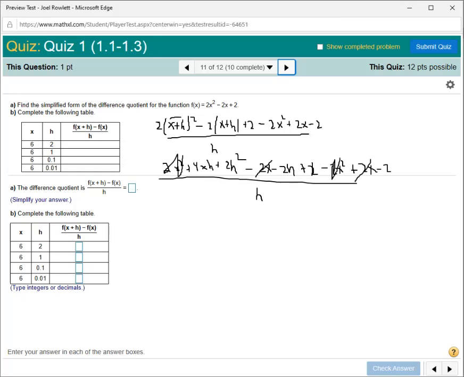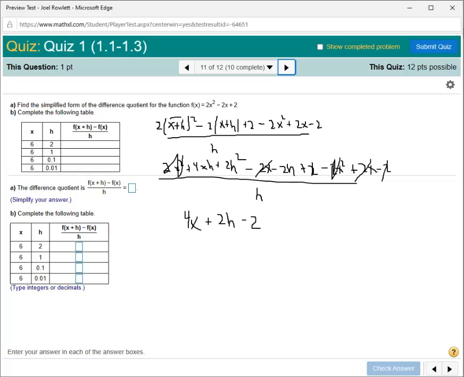And I have 2 minus 2, which leaves me, if I divide h into every term in the numerator, 4x plus 2h minus 2.